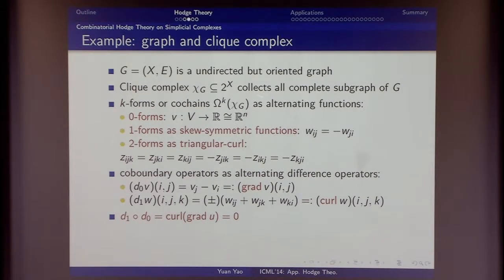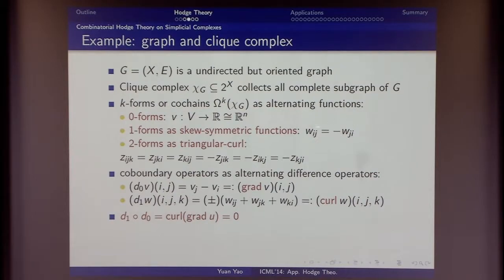Now let's take one particular example, consider a graph. We have an undirected graph, but you can put orientation on the simplex, on the edge. And you can blow up the graph into a clique complex, meaning you collect all the complete subgraphs from G. Then you form a collection. This collection satisfies the closedness under deletion property, so it becomes a simplicial complex.